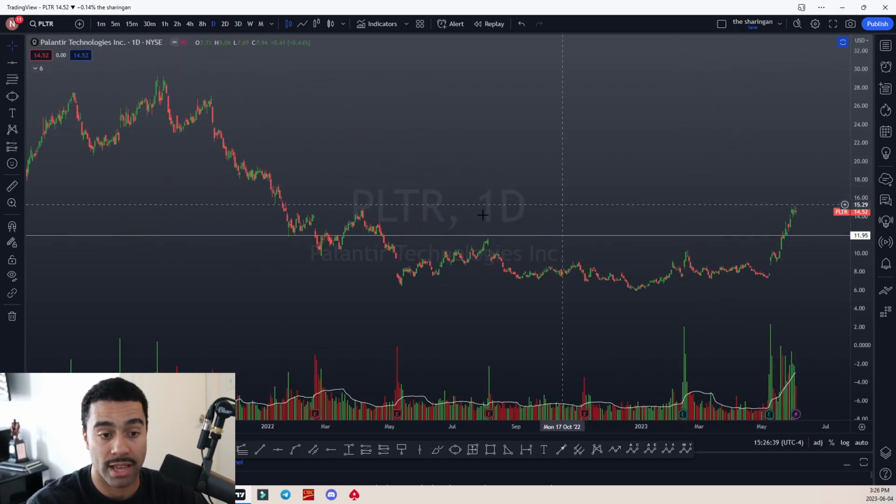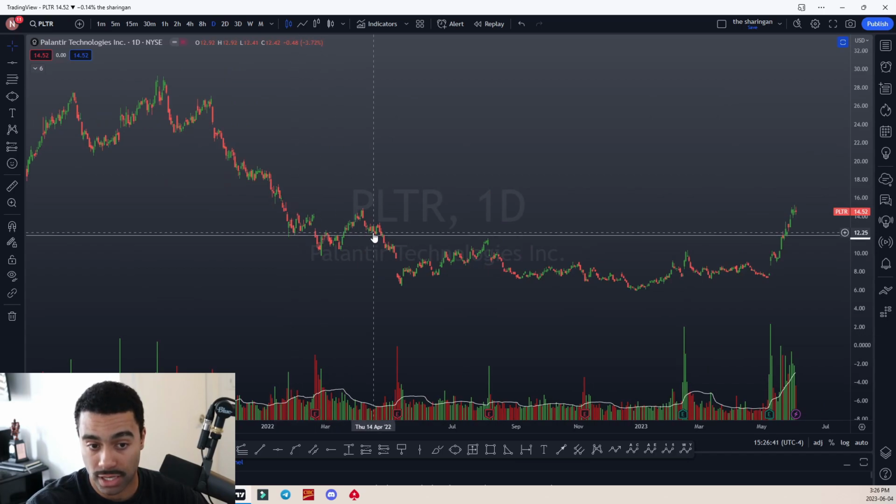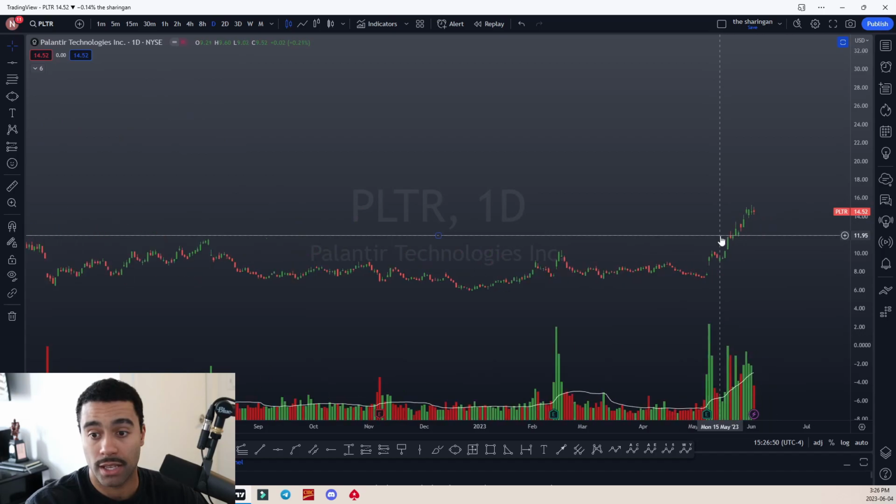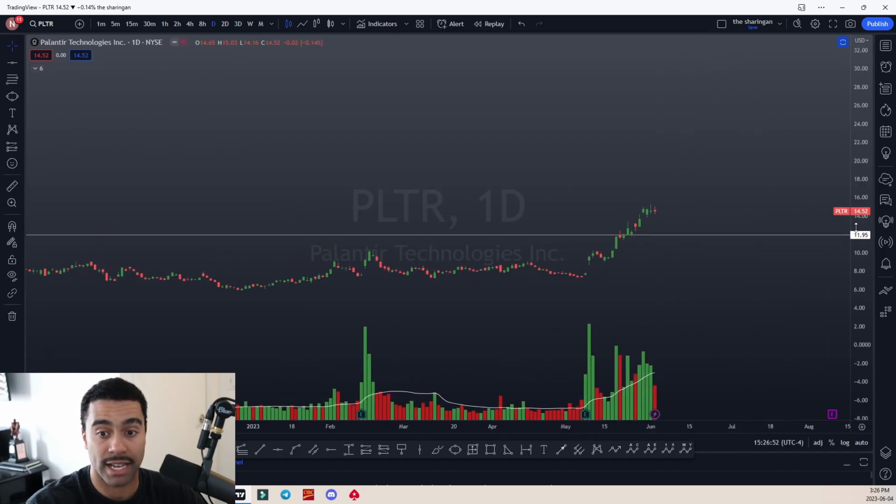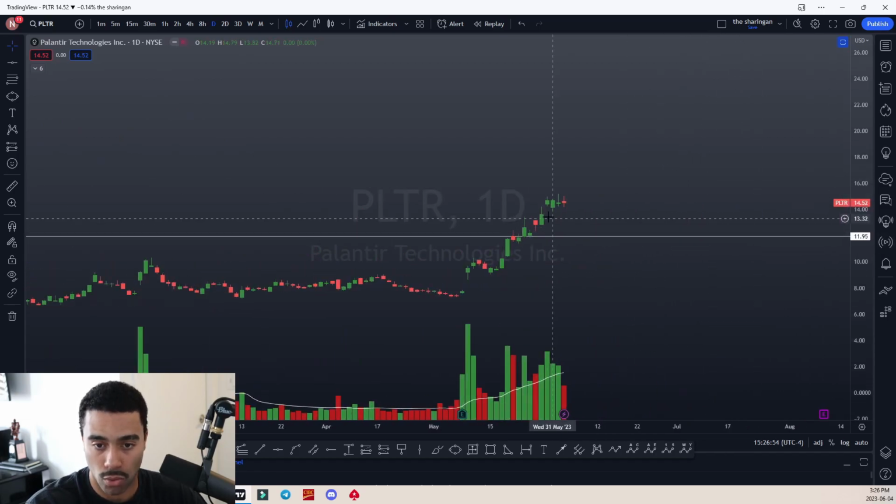Potentially. Why do we say that? Previous confluence in this area. We did come and revisit this in January 2022. We revisited it in April 2022. Can we revisit it in the next few weeks? Yes, of course. We are showing signs of a continuation to go on.